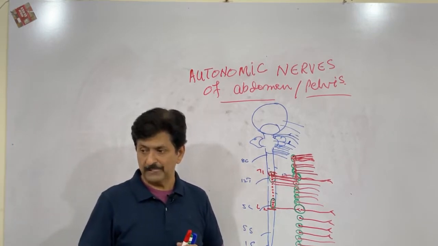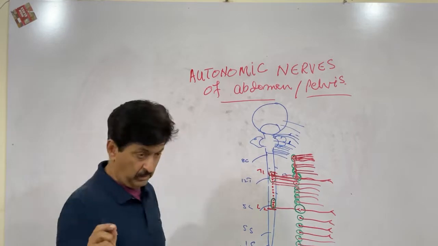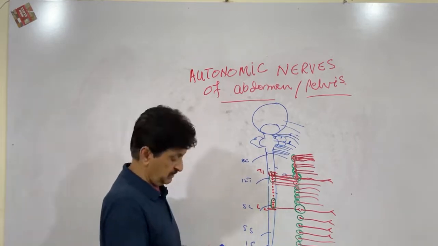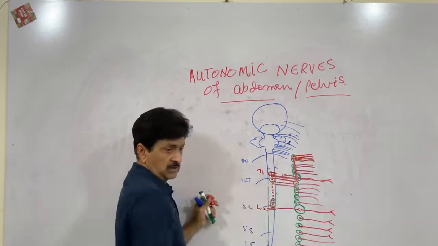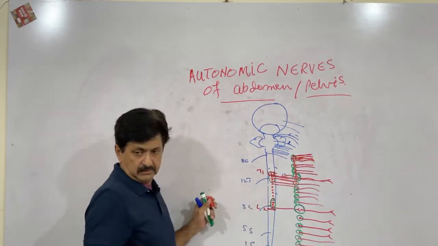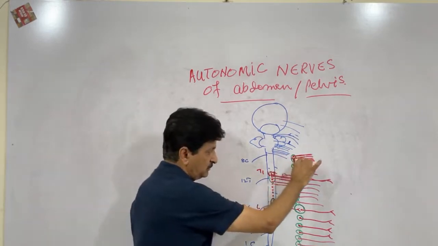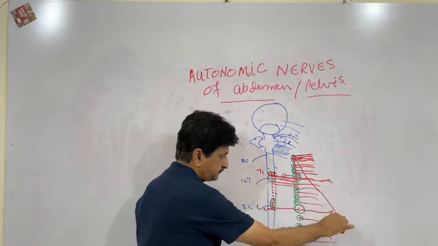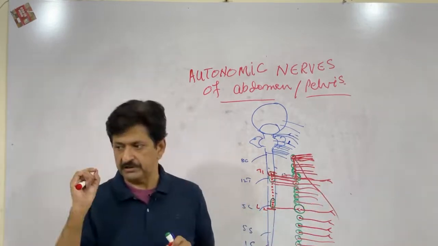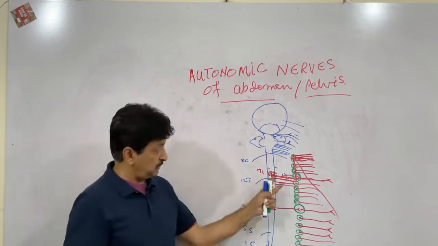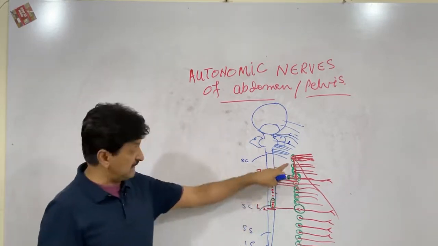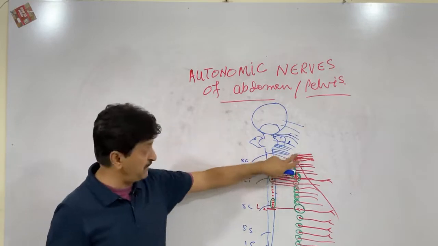Where they should go? Out of this 50%, half of the fibers, they will now come down there and will target the heart. You see that from these ganglia, how many fibers?